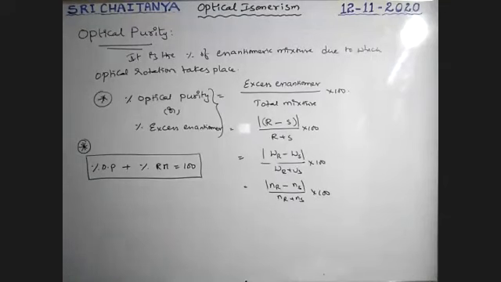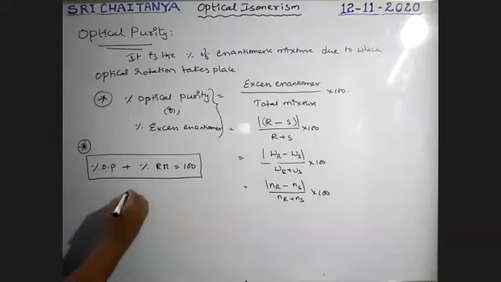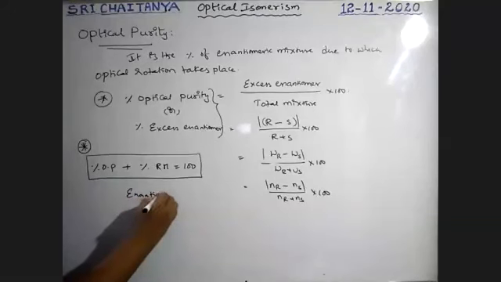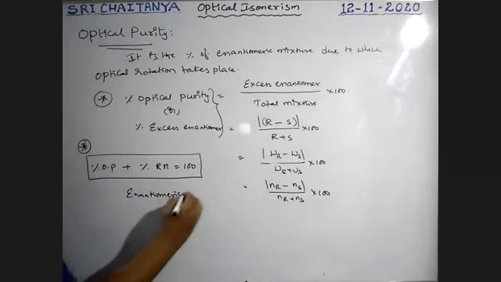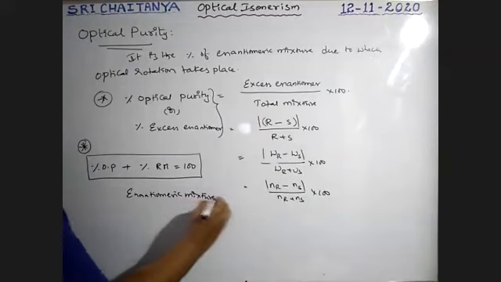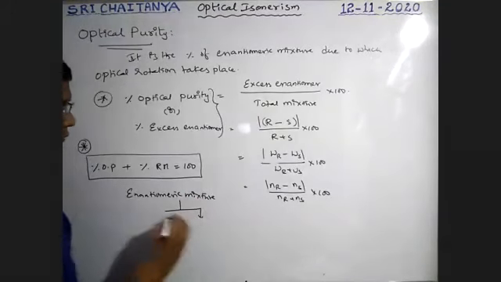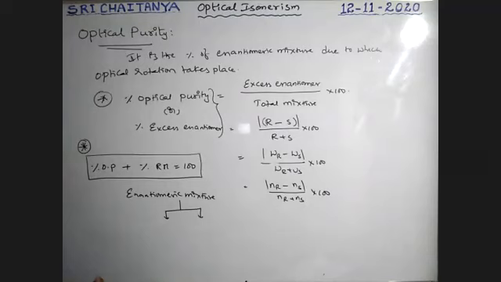Therefore, boys, this is called an enantiomeric mixture. It contains two components only. One is excess enantiomer, which is called the percentage of excess enantiomer, plus the other one is racemic mixture.